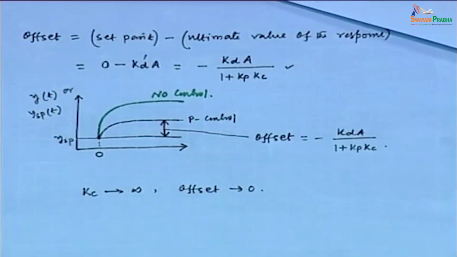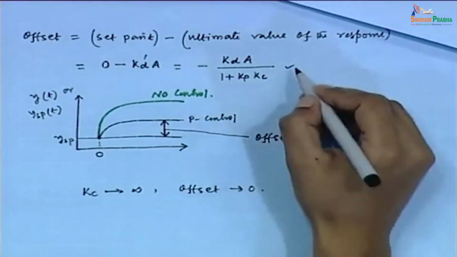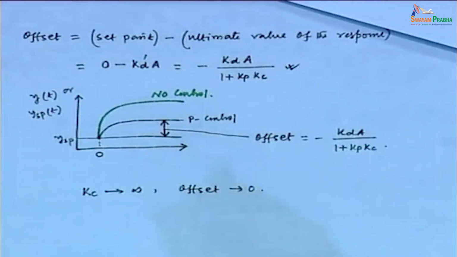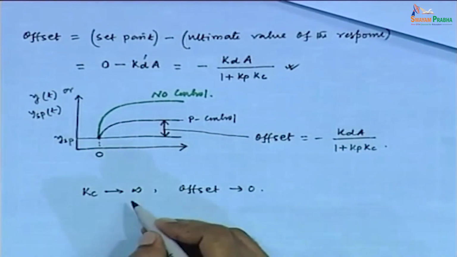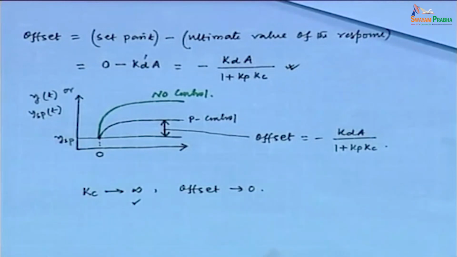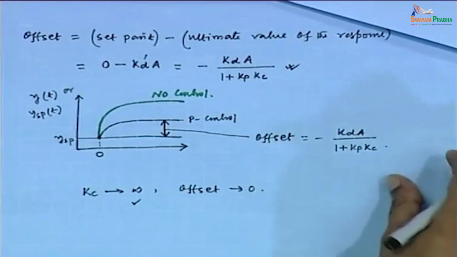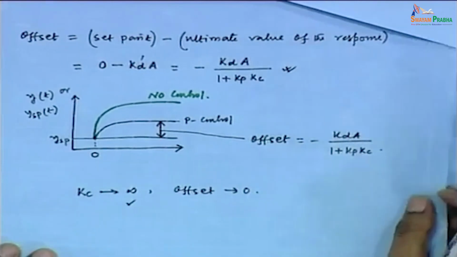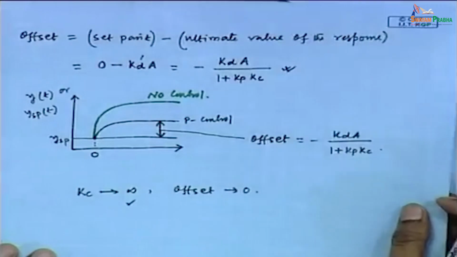If we see the expression of the offset in the regulatory test, we can say that if k c approaches infinity, the offset approaches 0. Now, we will conclude.